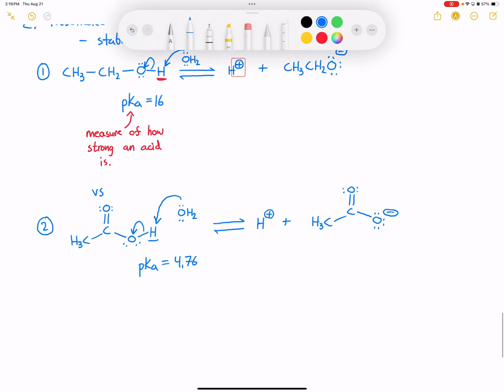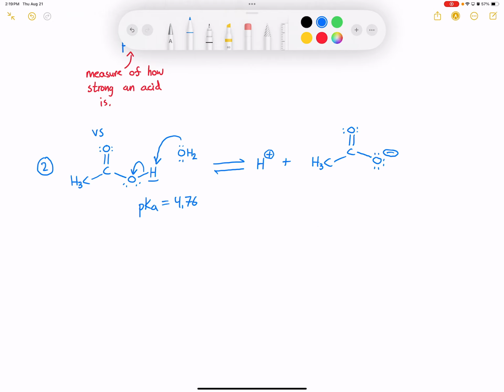I'll tell you right now that this is the way stronger acid. And it's approximately 2 times 10 to the 11th power times stronger.